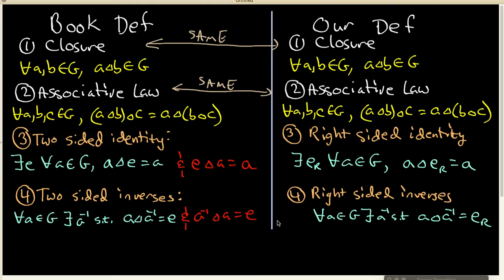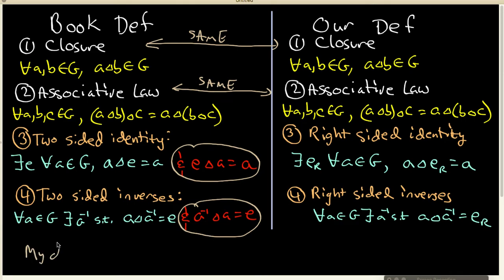The only difference in the two definitions are these two things that I wrote in red over here on the book definition. They are missing in my definition of the group. Now, what that means is that my definition of group is said to be weaker than the book's definition.